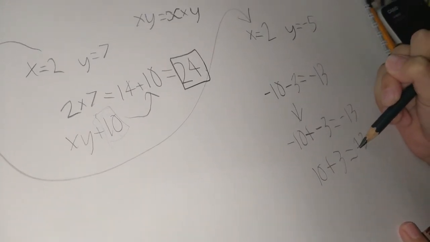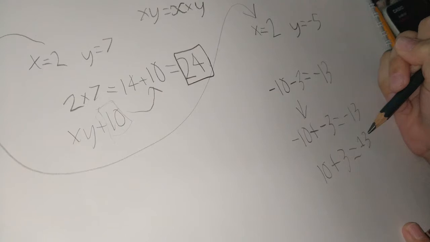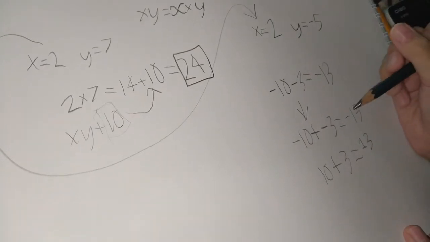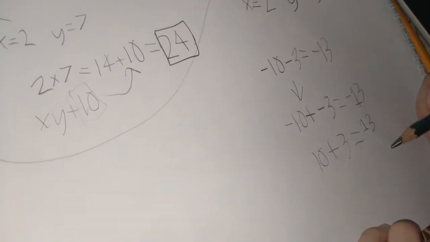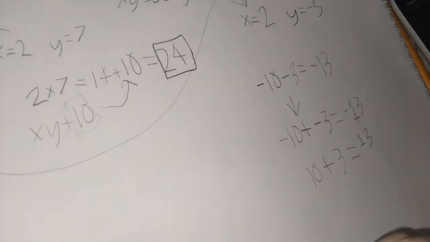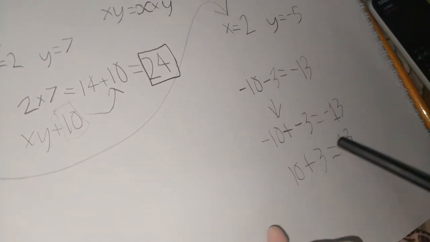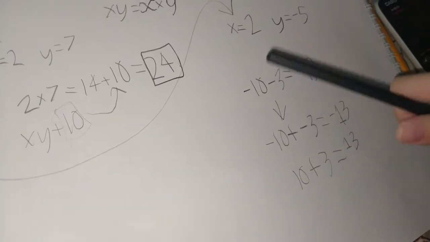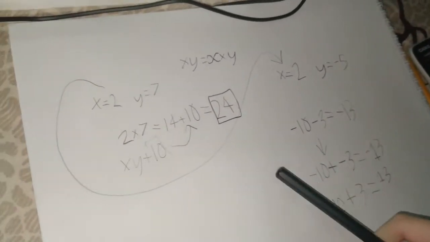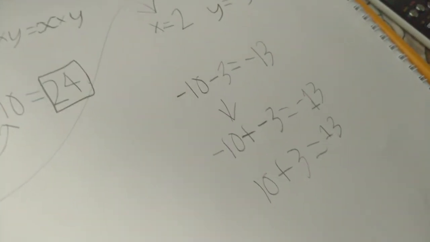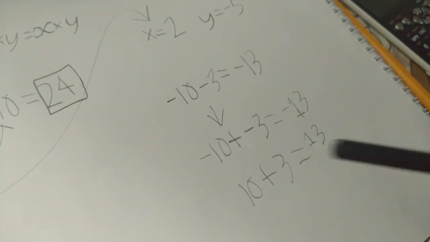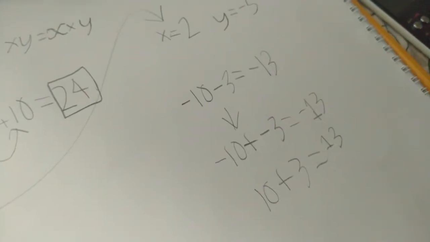Well, except for the one with the positive part. See, that's negative 13. Well, this one is positive 13. You can see that it's all positive here and it's all negative since I did 10 minus 3. You can make this math problem.